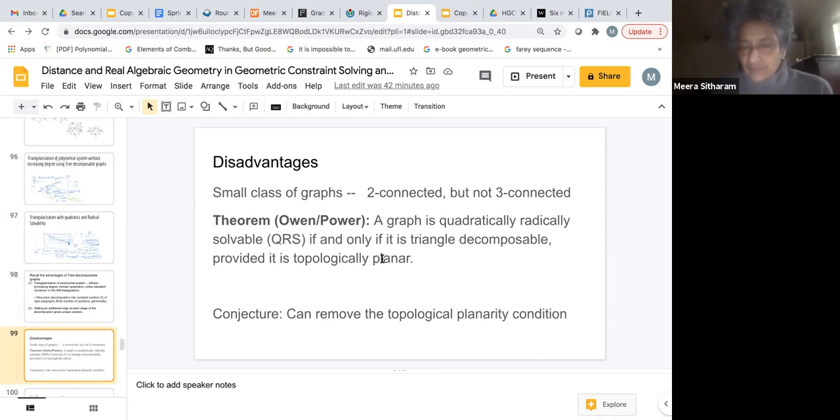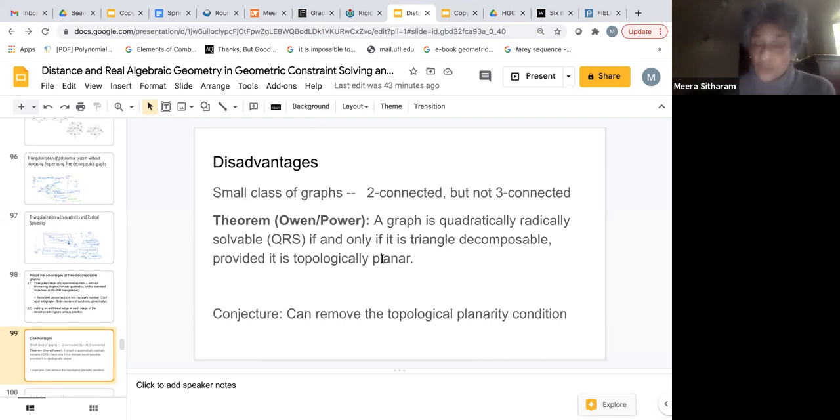It only proves this for topologically planar graphs. So for K33, which we know is not topologically planar, there's no interesting theorem to prove, but you can think of other three connected graphs which are minimally rigid, decompose nicely, but are not included in this theorem. The conjecture is that you can remove that condition of topological planarity and still prove the theorem, but nobody has done it so far.